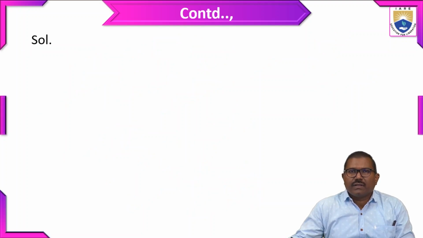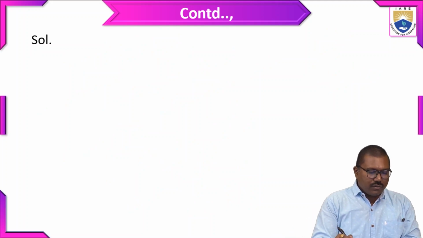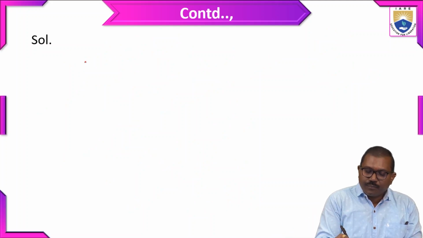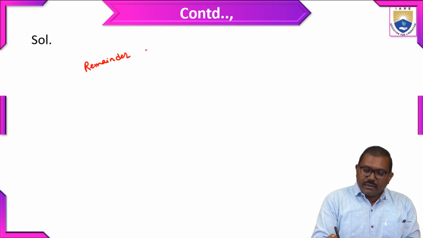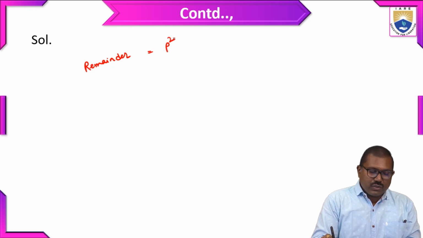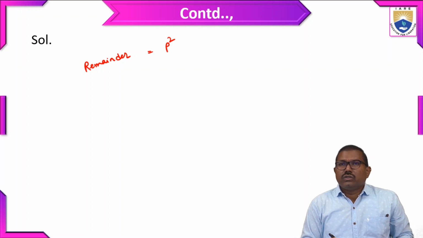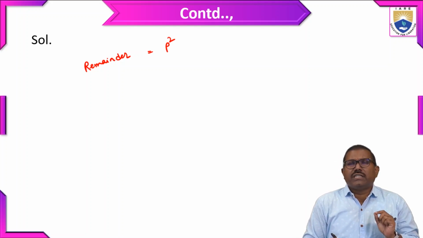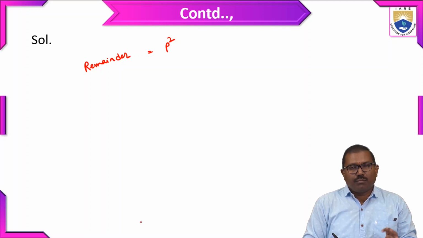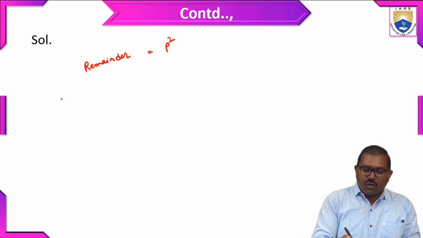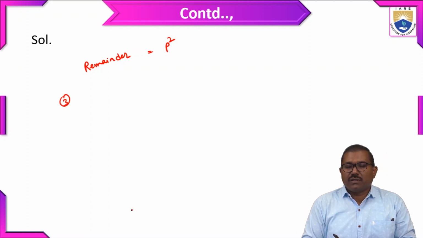Okay. Now coming to this, what you got as the remainder? The remainder is p square. This remainder represents the parity bits. Okay, which represents the parity bits. So already we covered 2 steps.